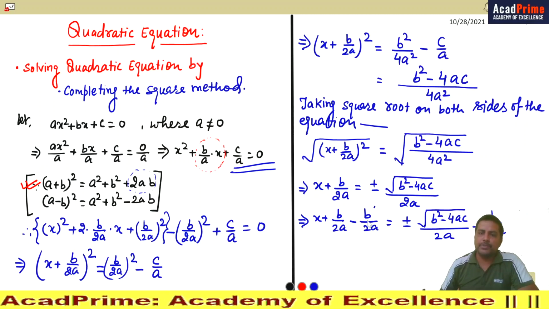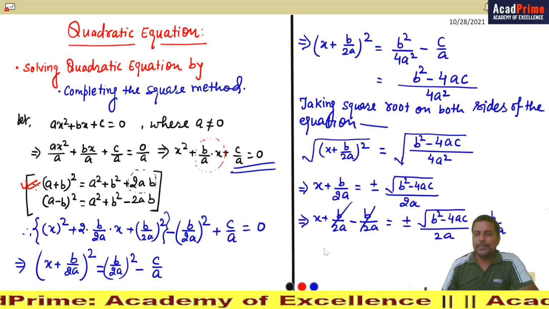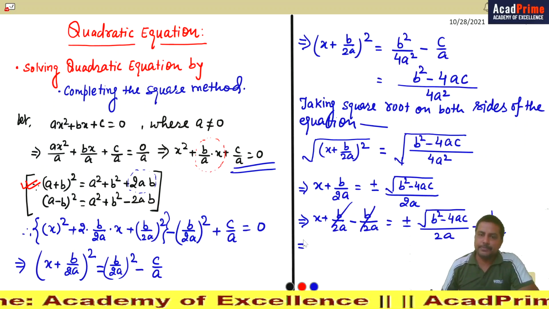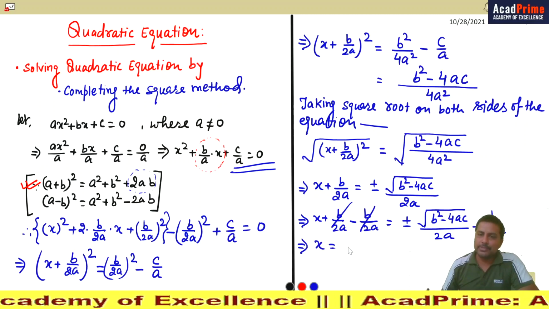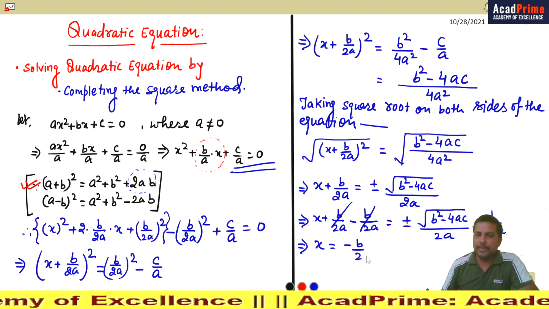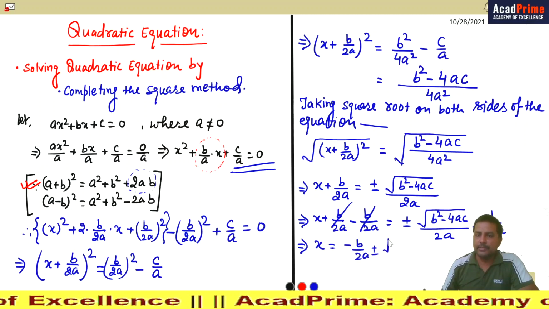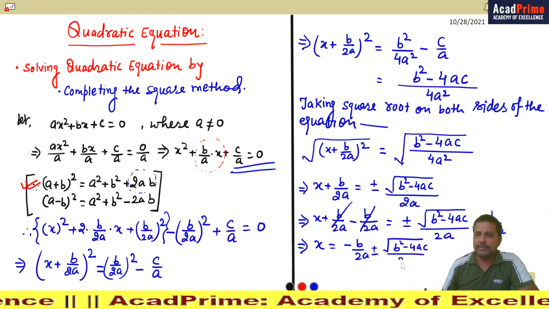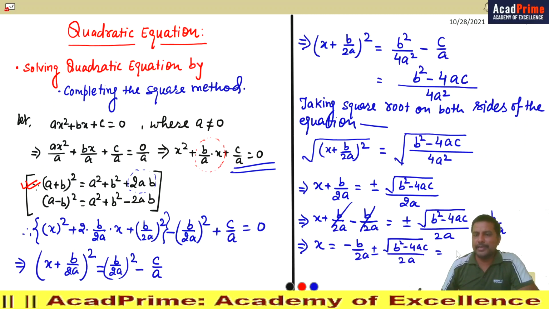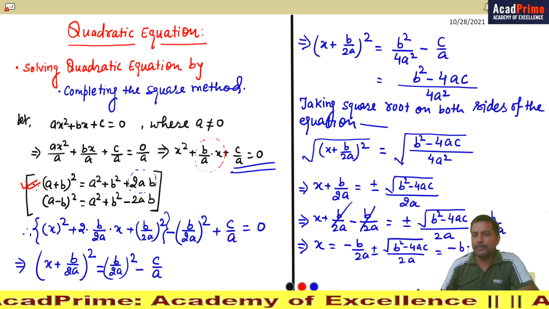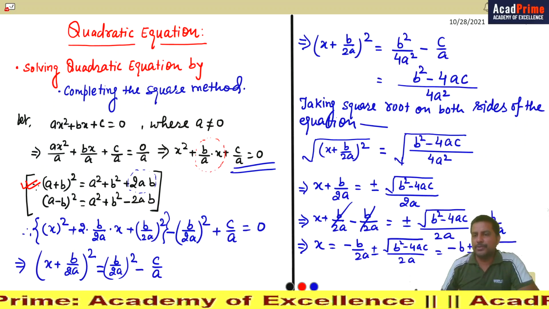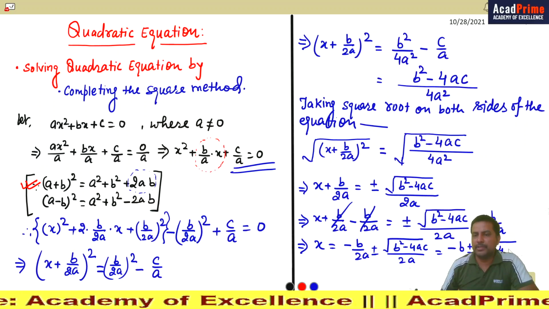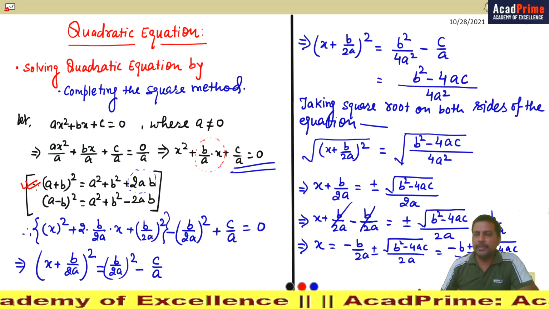Okay, so this and this will be cancelled, and we are left with x is equals to minus b by 2a plus minus root under b square minus 4ac divided by 2a, or we can write it as minus b plus minus root under b square minus 4ac divided by 2a.